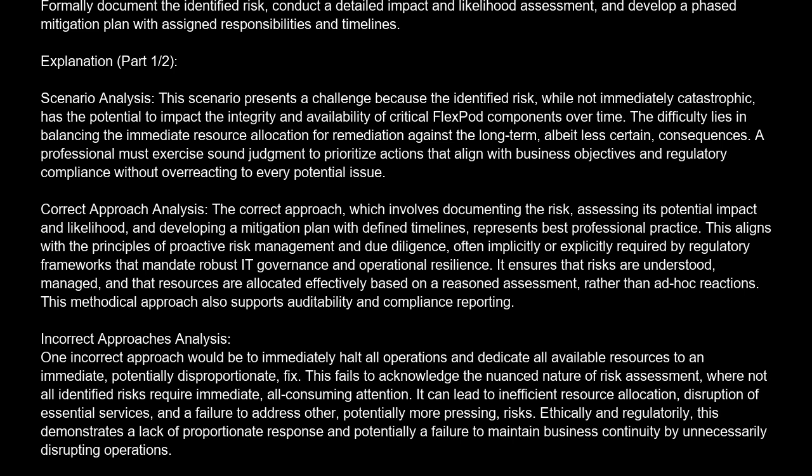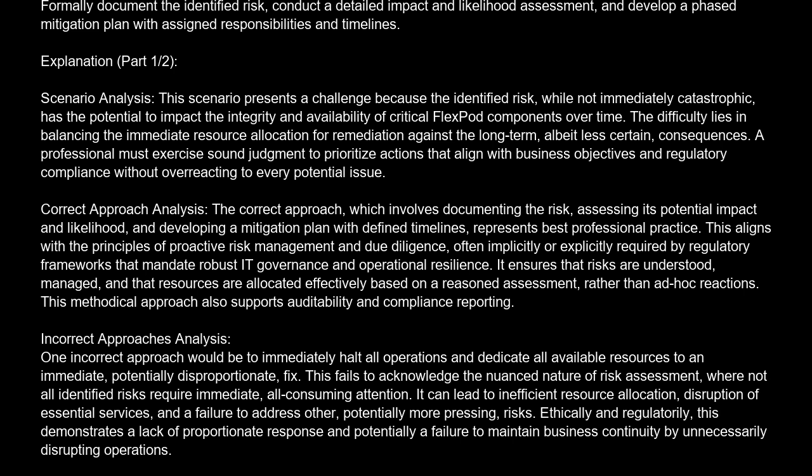The difficulty lies in balancing the immediate resource allocation for remediation against the long-term, albeit less certain, consequences. A professional must exercise sound judgment to prioritize actions that align with business objectives and regulatory compliance without overreacting to every potential issue.